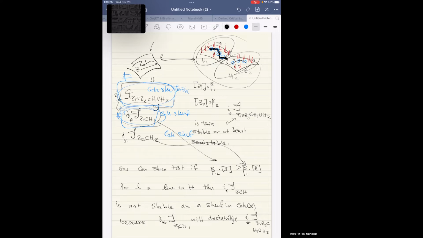The sheaves are basically ideal sheaves of curves and points, but as modules over the structure sheaf of the surface.